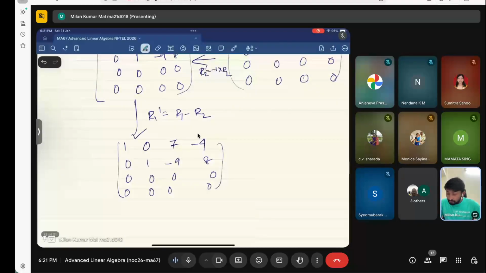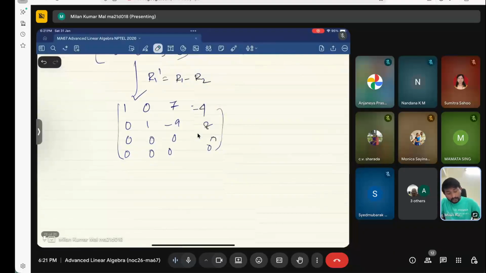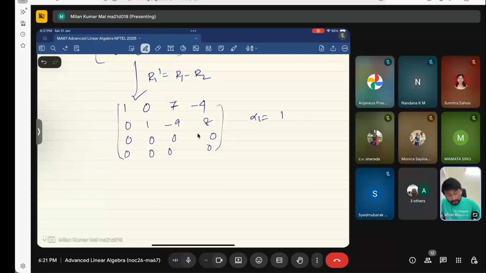Okay, now the question is which of the following elements belongs to the row space. You can look at the two entries there, 1 0 7 minus 4. This is in the row space. Basically, the theorem says, let's take alpha 1, these are the basic elements, 1 0 7 minus 4, and alpha 2 equals 0 1 minus 9 8.